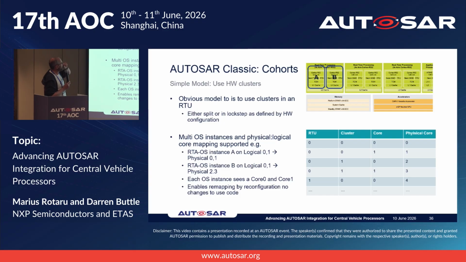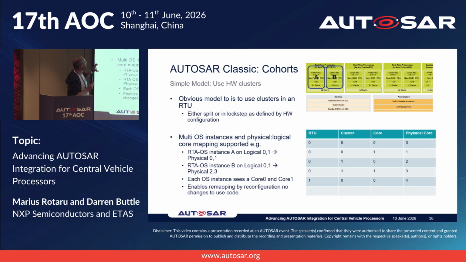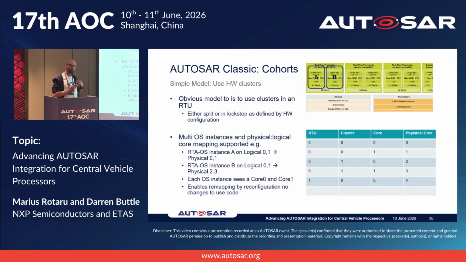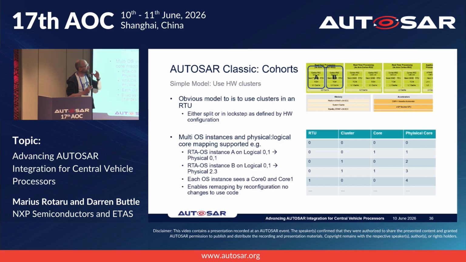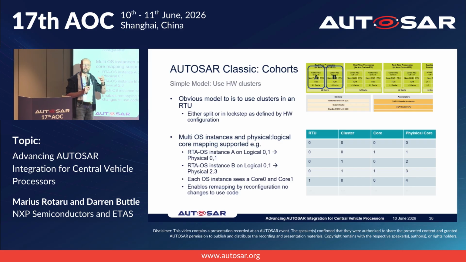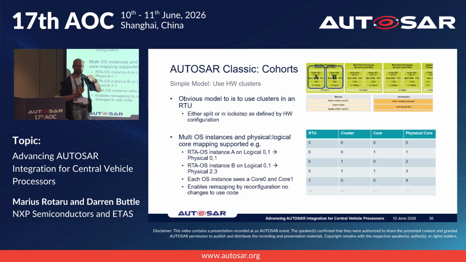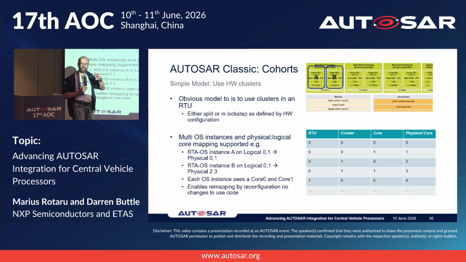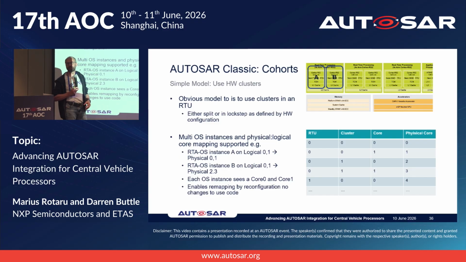Okay, so in terms of the cohorts, I'll talk about the operating system. There's a really obvious way of using this. Implicitly in the hardware design, there's an assumption about how you're going to slice up the individual chips, because you've got a certain number of processing units in RTUs, and the obvious way of using those is to take each RTU and use that as the basis for your application.